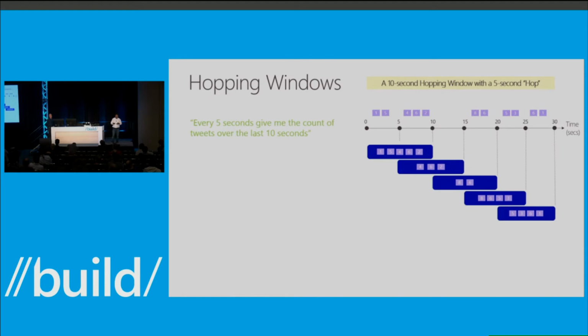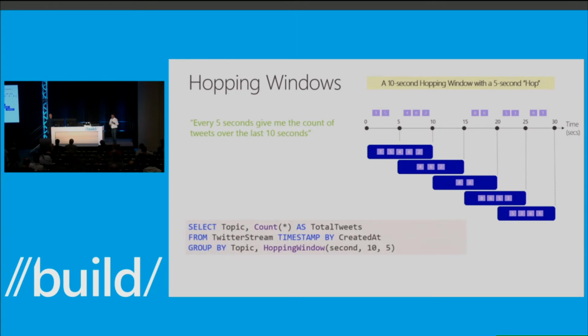If I want the count of tweets over the last 10 seconds, how do I write that query? It's very simple, but I want it to be updated every 5 seconds. So you just use a function called hopping window, pass parameters 10 and 5, and there you go. Now imagine if you had to write such code, it would be tough because you would have to do state management and various other things to make sure you're doing the right thing.